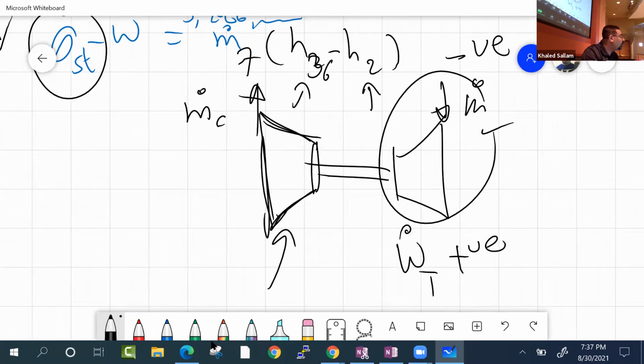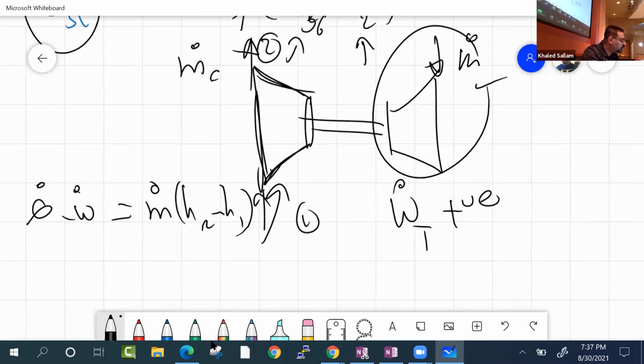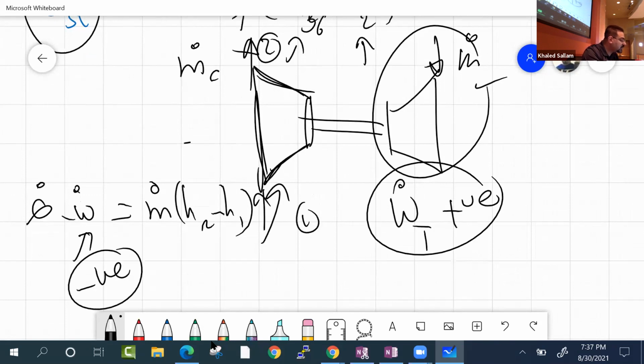You calculate the power of the compressor, and you apply the first law and say Q dot minus W dot equals m dot, and it will be out minus in. Guess what the compressor power would be? It would be negative. Does it make sense? Yes. If you are doing work on the compressor, it has to be negative. If you are doing work by the turbine, it has to be positive.